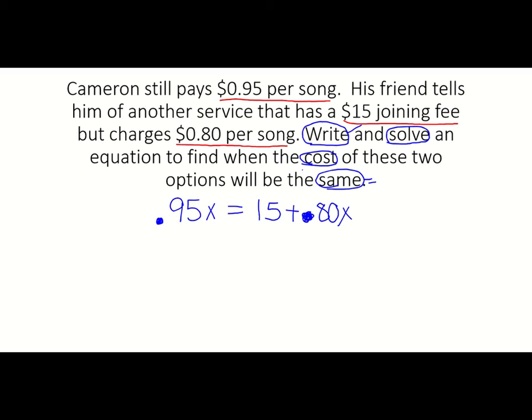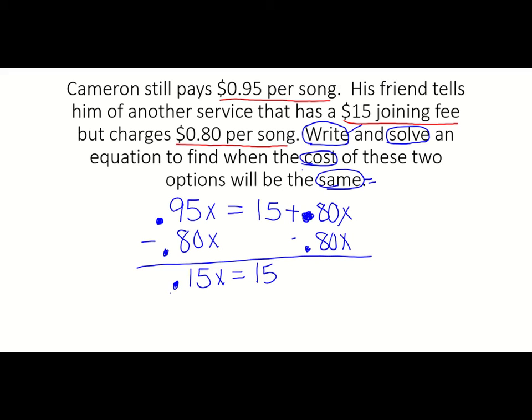So I'm going to get the x's on the same side by subtracting 0.80. So for this one, I'm going to be left with 0.15x equal to 15. And then I want to divide by the 0.15. So remember the trick when you're dividing by a decimal, move your decimal in twice.